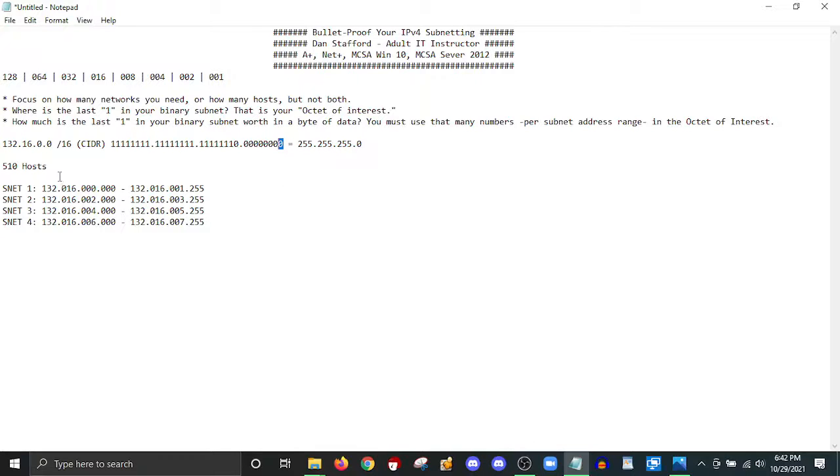Okay, this is why I like to focus on the number of networks. I prefer to work that way because then I just add ones to the CIDR notation. But if you need to solve for hosts, you start adding zeros until you've got two more than those two that you need for the subnet address and for the broadcast.